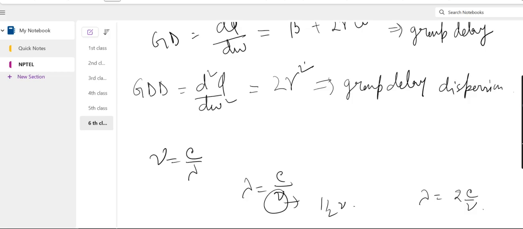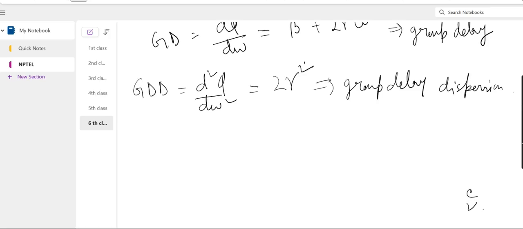So basically wavelength gets doubled, or if it is 1 by 4th, then it became 4 into lambda. So these are very basic things, you don't need fast level codes to answer this question.